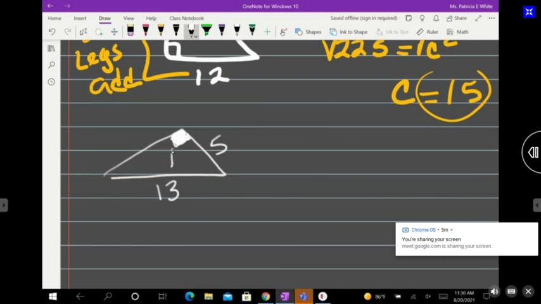Why? Because when you have that hypotenuse, that tells you to subtract. So this time I'm going to say 13 squared minus 5 squared equals B squared, right?